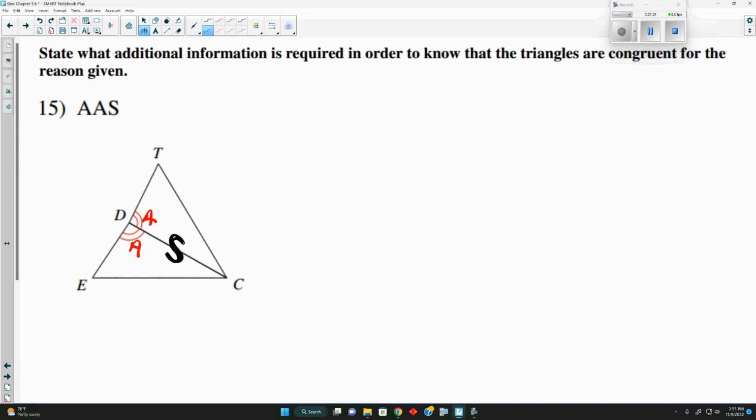Now the way that's set up, we have side, angle, angle, or angle, angle, side, yes? So side, angle, well, we can go this way. We need an angle, so we're talking about this one here, yes? Going the other way, we're talking side, angle. So we need to say that angle T is congruent to angle.